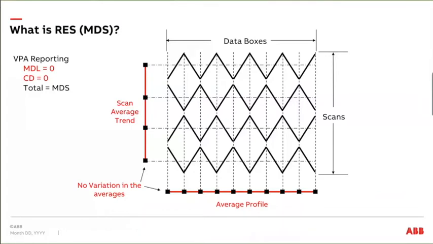Visually, just looking at this grid, you would expect a lot of variability. But I set it up so that if I average each scan, the scan average is the same, so there is no variability in the scan average. And if you average every data box, it's flat, so there's no variability in the profile.